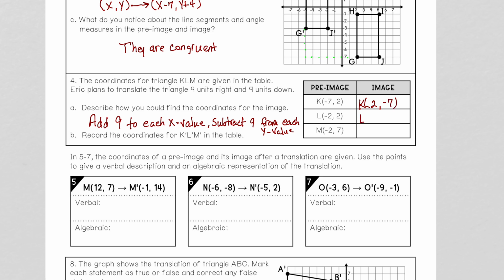Our L prime is going to be at +7, -7. M prime will be at +7, -2.